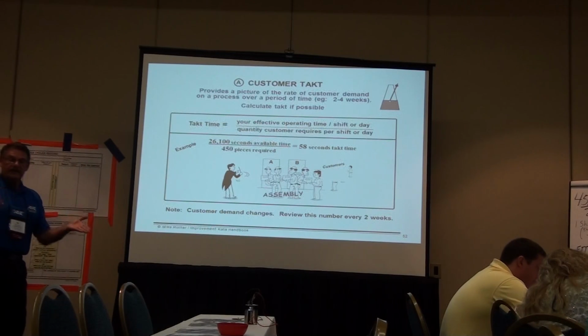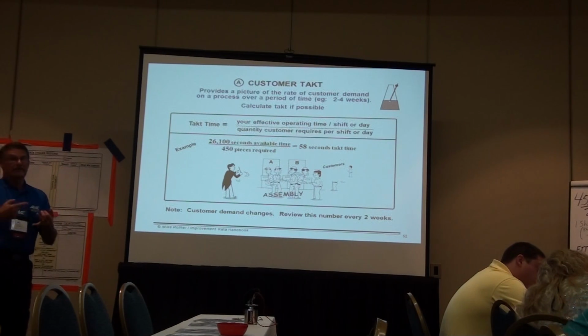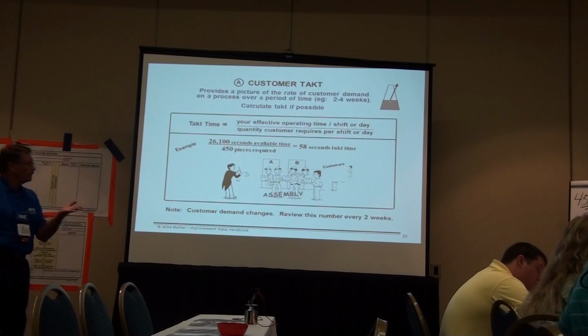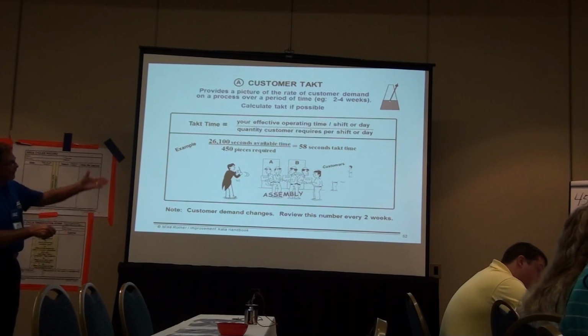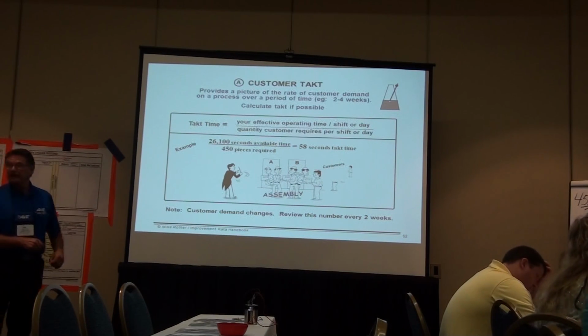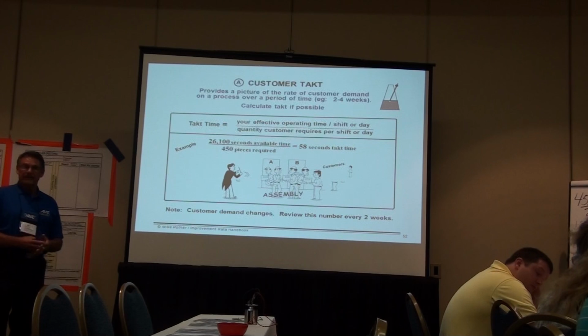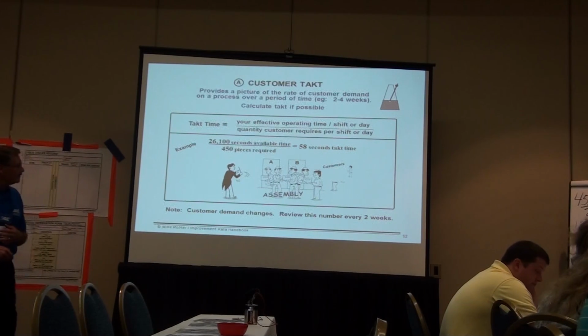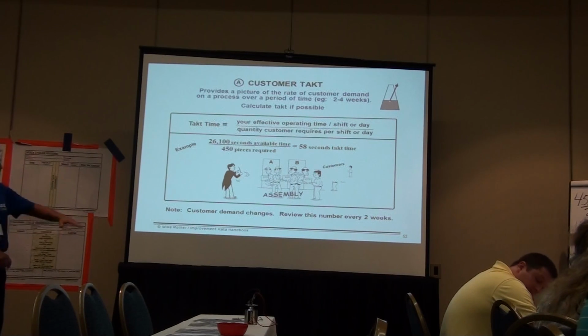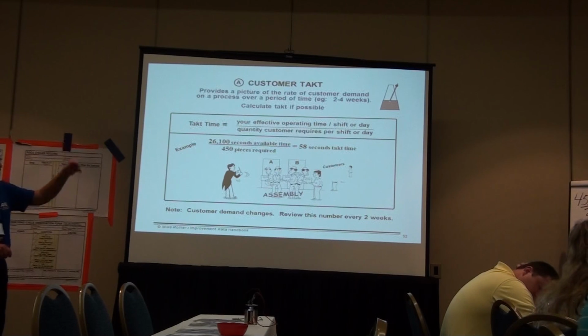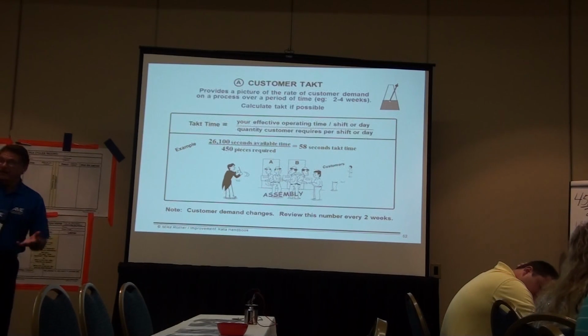And if we can't meet customer demand, we're going to be late or we're going to be working overtime. We know that drill. So here's an example, 26,100 seconds divided by 450 units. You do the math. And in this particular process, they have to have a 58-second takt time, so they have to build their process to meet that customer demand. We know that demand changes. We want to look at that number as often as we need to.